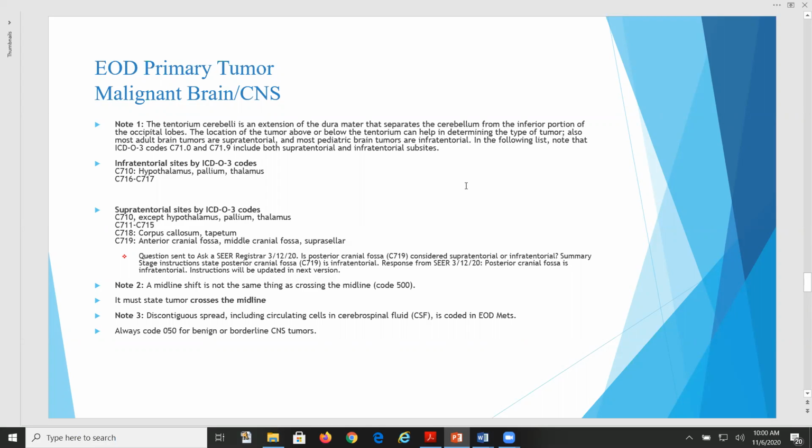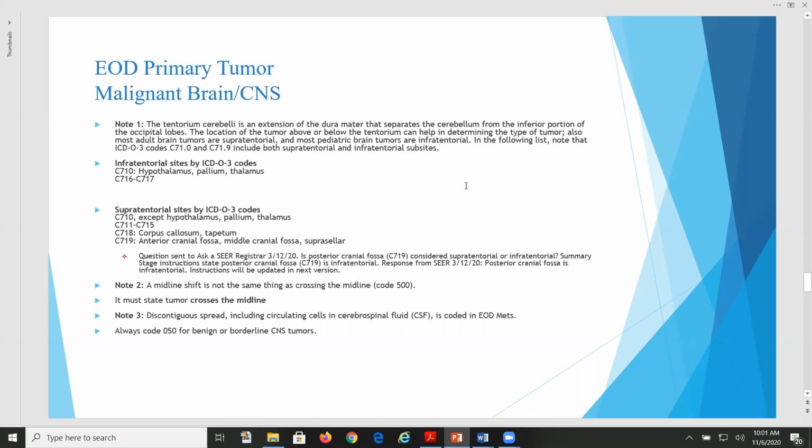The supratentorial sites are C710, except for the hypothalamus, pallium, and thalamus, C711 through 715, C718, corpus callosum and tapetum, and C719, anterior cranial fossa, middle cranial fossa, and suprasellar.